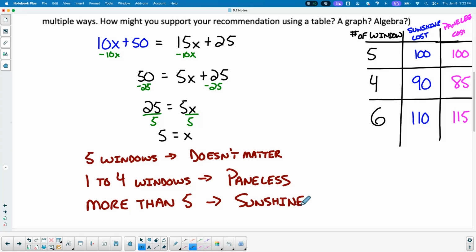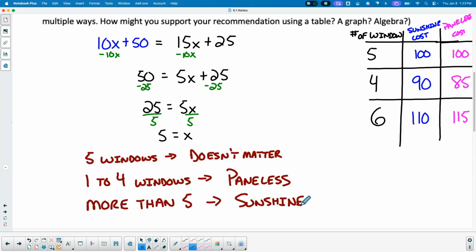Okay, love it. So what do we do there? We developed an equation for the scenarios for each company, right? We solved, as we know how to solve, to find where the two companies were the same. And then we went one bigger and one smaller, and we figured out which company was cheaper on each side, correct? Okay, all right? Everybody understand that?